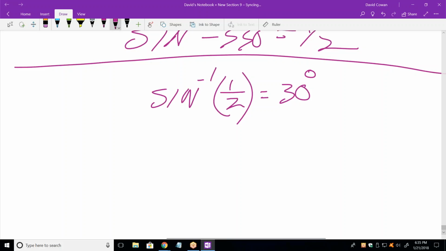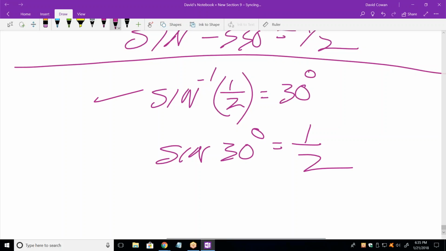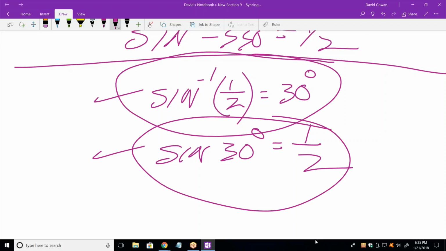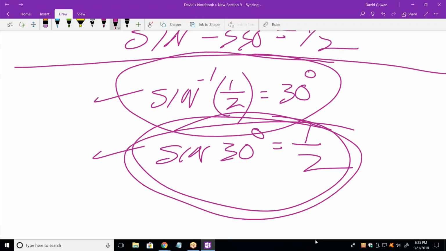Notice we take inverse trig functions of fractions to get angles. We take trig functions of angles to get fractions. These are if and only if. If this is true, then this is true. Or if this is true, this has to be true.